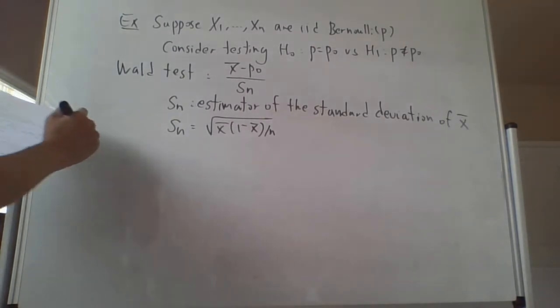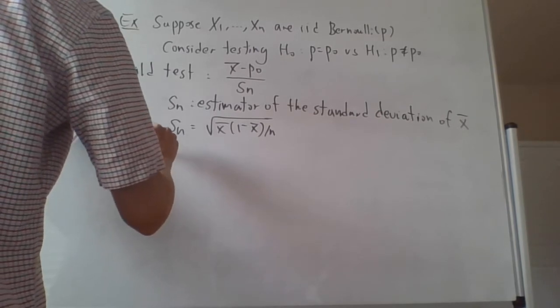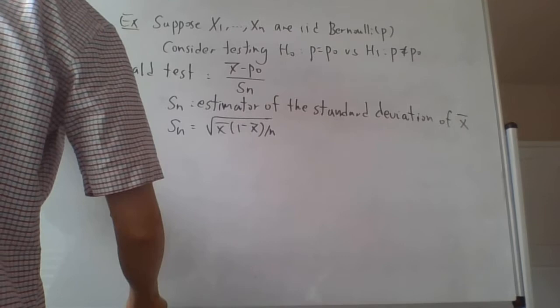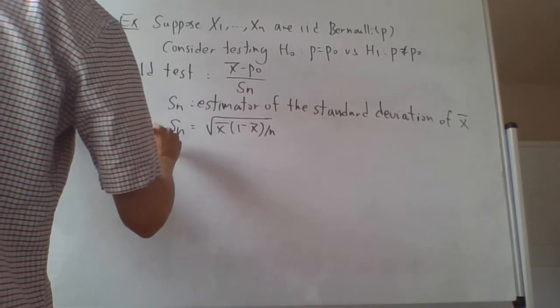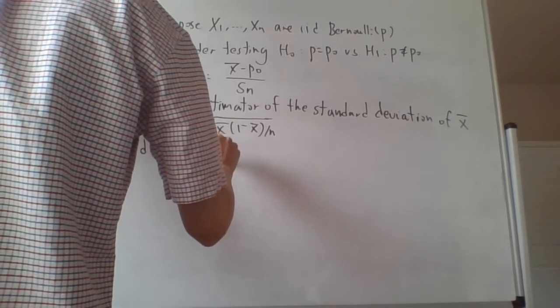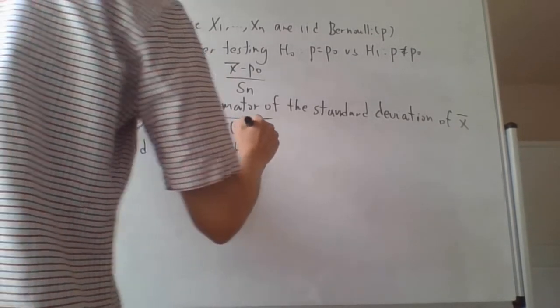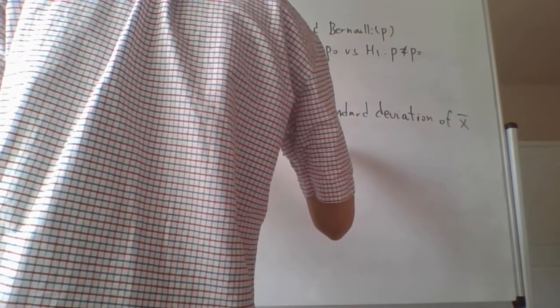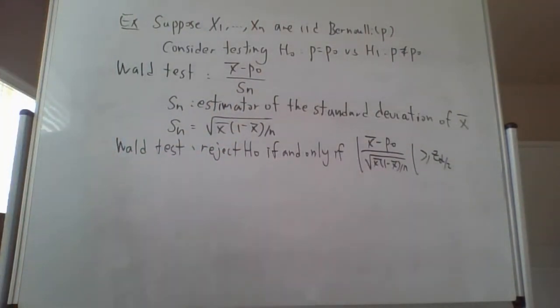So the Wald test would be: reject H0 if the absolute value of x bar minus p0 divided by the square root of x bar times 1 minus x bar divided by n is greater than or equal to z alpha divided by 2.